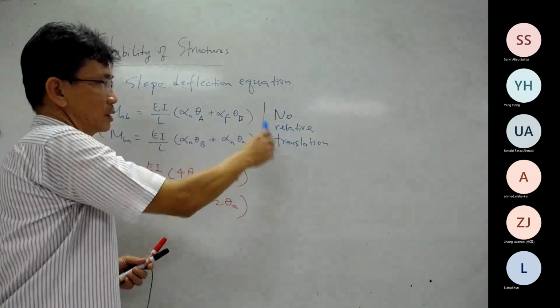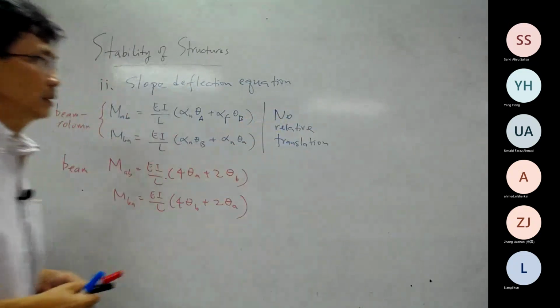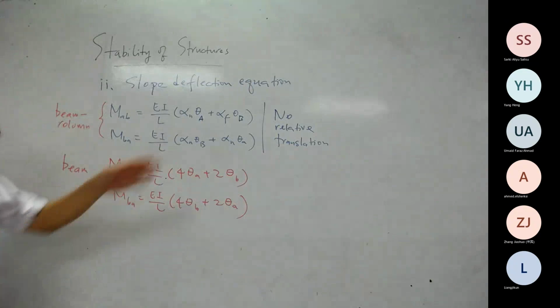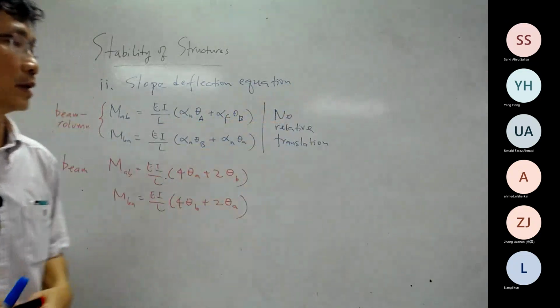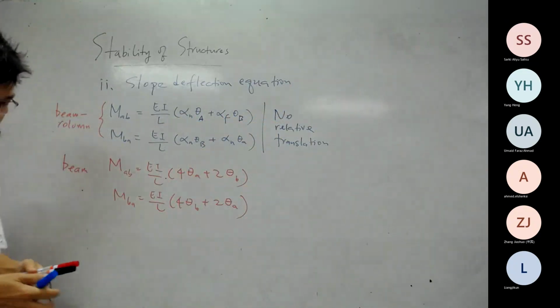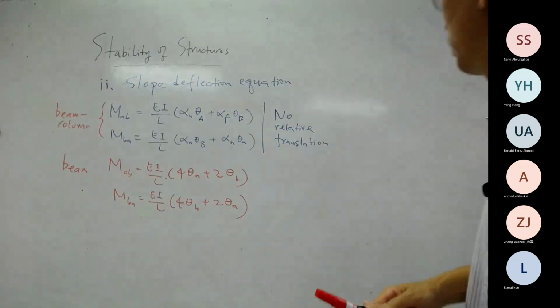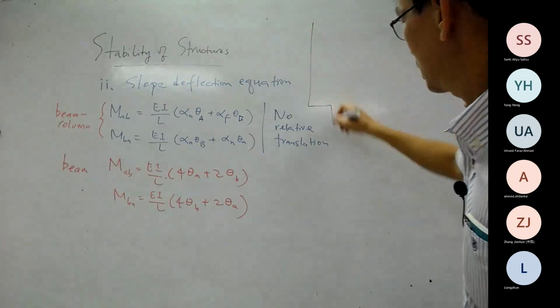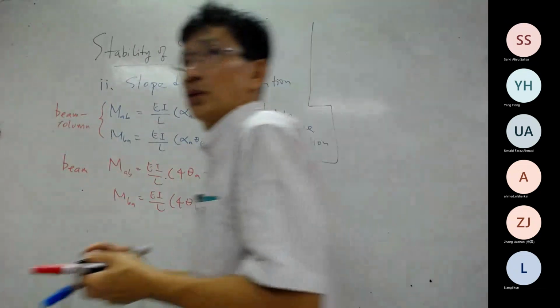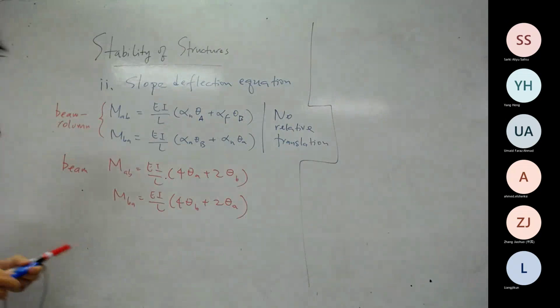If you have relative translation, then there's another term added. Here you have to add one more term. I will give you one example of how it is applied. I show you the flow only, the process.